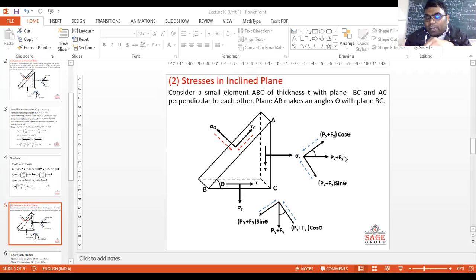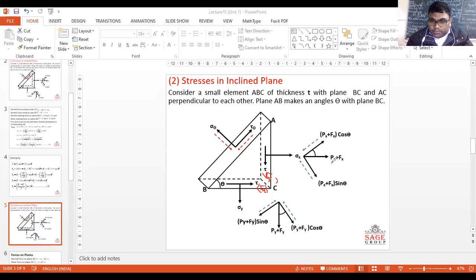I am calling that Fx. For better understanding you can write it here in brackets, this is Fx. So this is produced by this force Fx which is acting. And here you can say Fy, because it is acting in the y direction. This is acting toward the x direction.